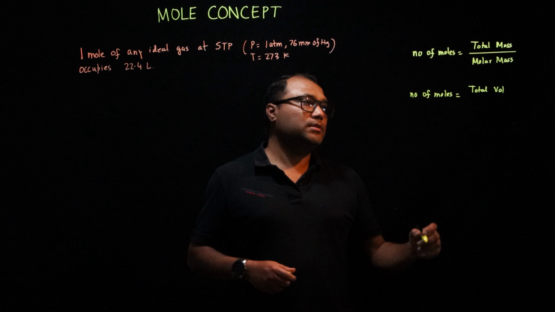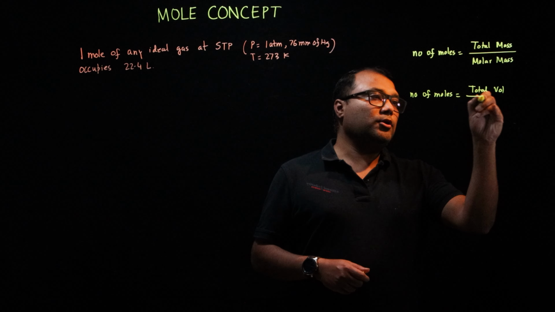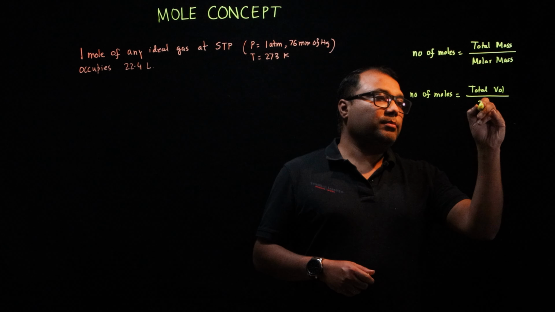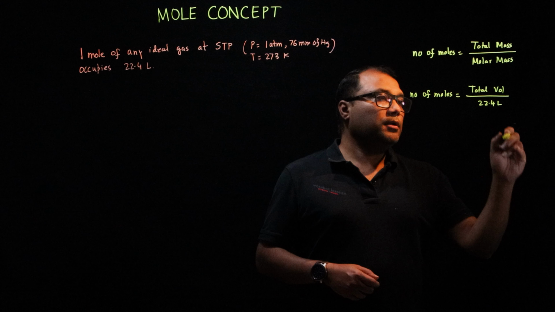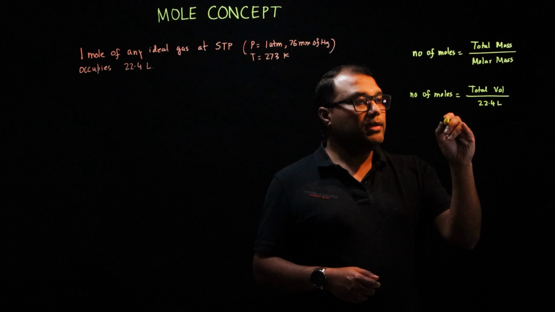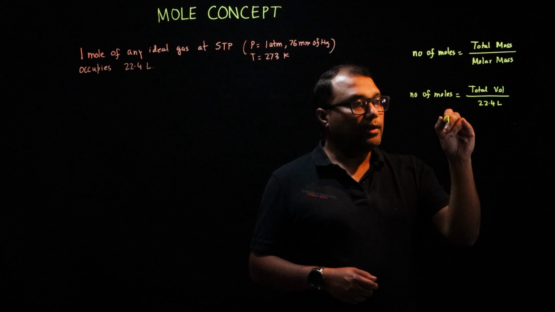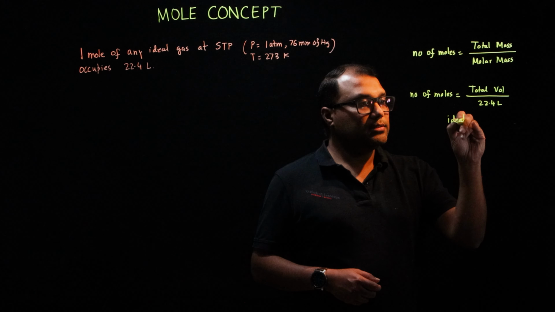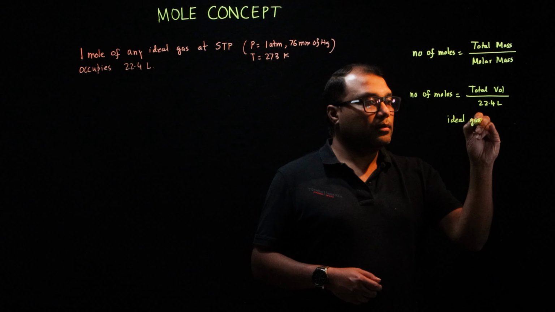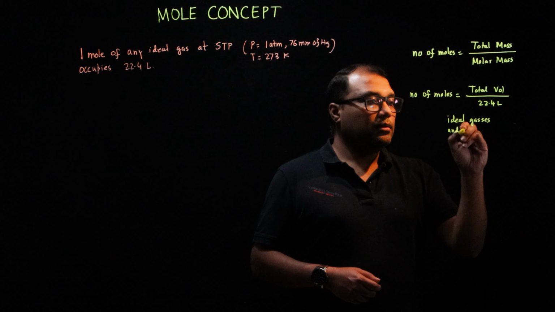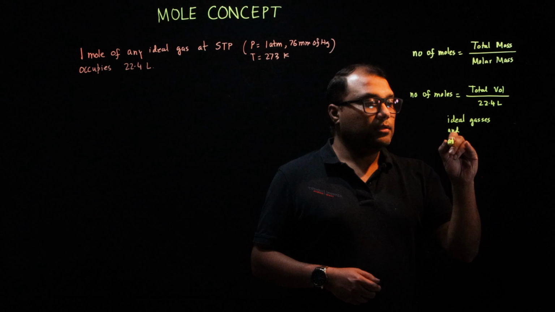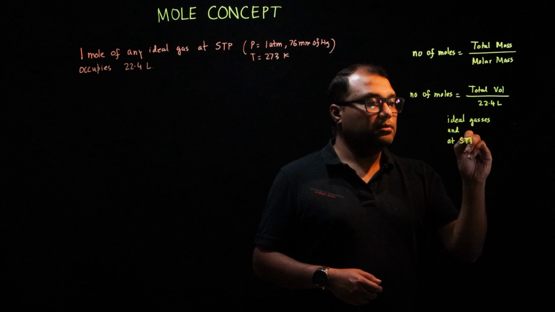Number of moles is total volume divided by 22.4 liters, but this is only applicable for ideal gases and at standard temperature and pressure.